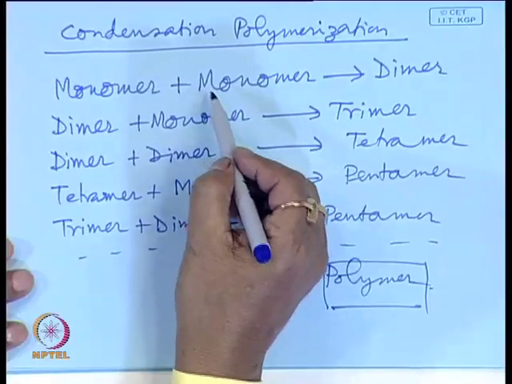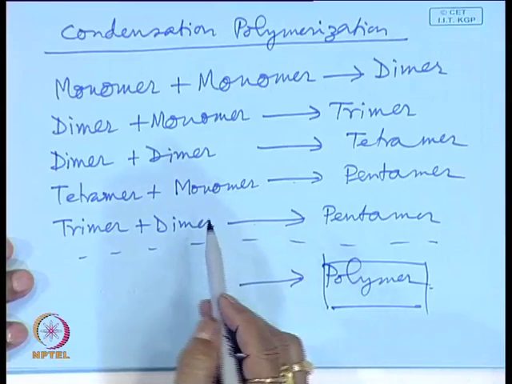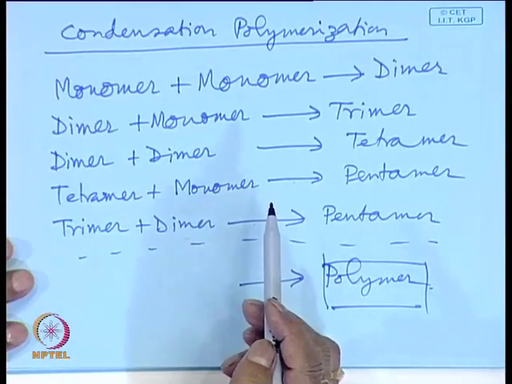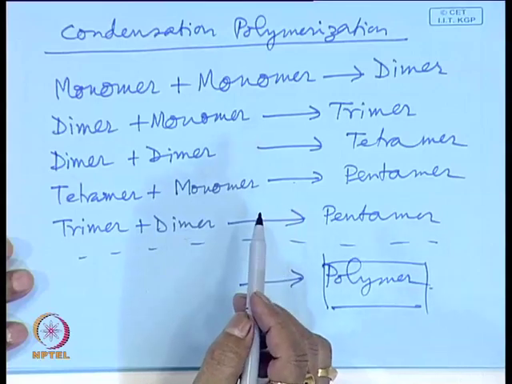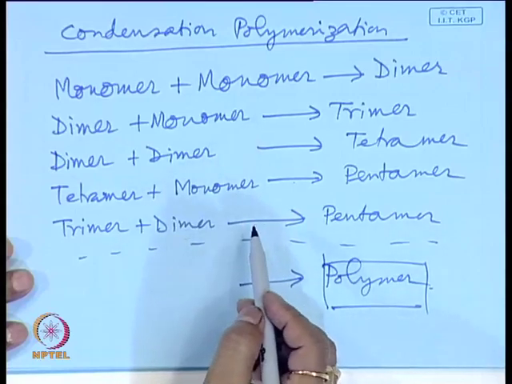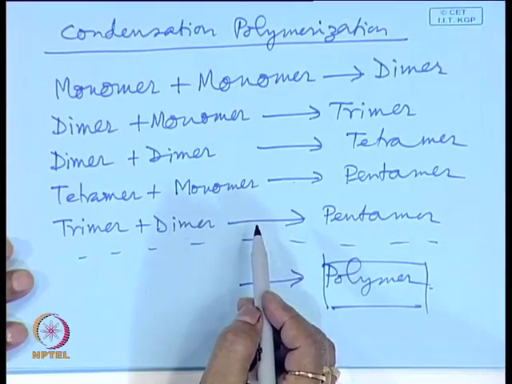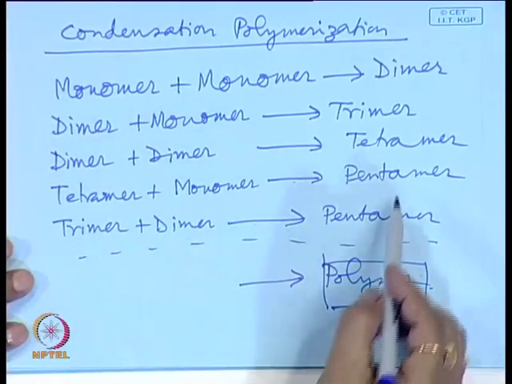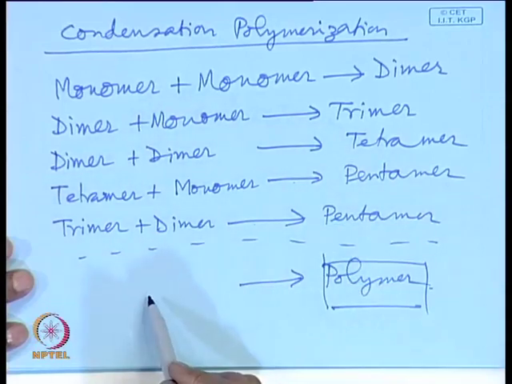So, various steps. It is a slow process. First a dimer is formed, then a trimer, tetramer, pentamer, hexamer, heptamer, octamer, nonamer, dodecamer. This way it proceeds in steps, and these are called intermediates.